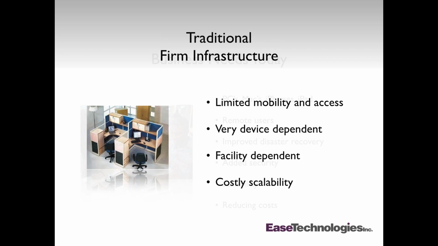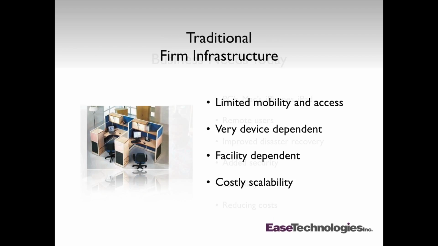So let's talk about a traditional firm infrastructure. A lot of times this is going back the last 10, 15, 20 years about how a small, medium-sized business has their infrastructure set up. A lot of times there's limited mobility and access, very device dependent, meaning that you typically may be restricted to using certain types of platforms, Windows, certain versions of Windows.